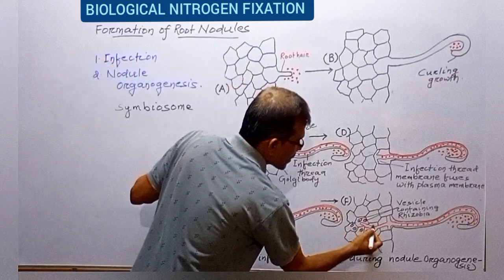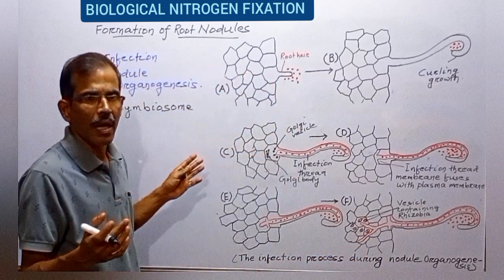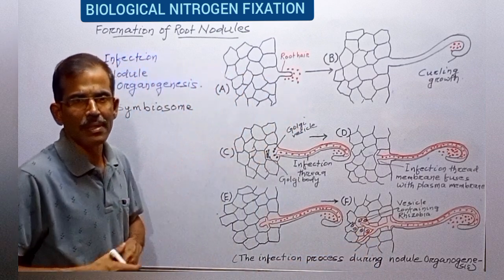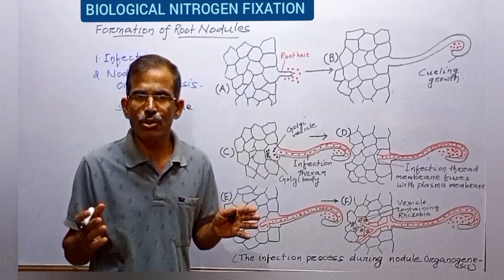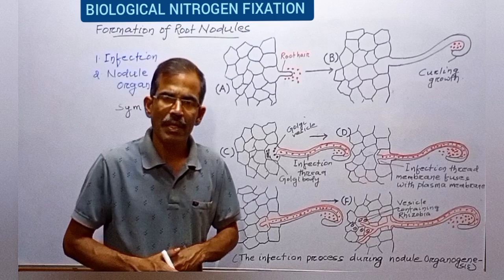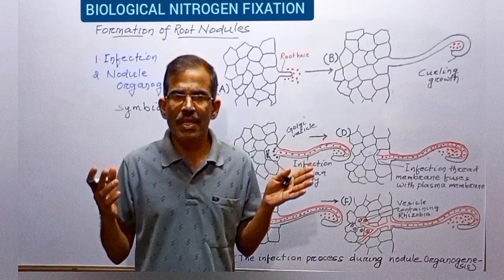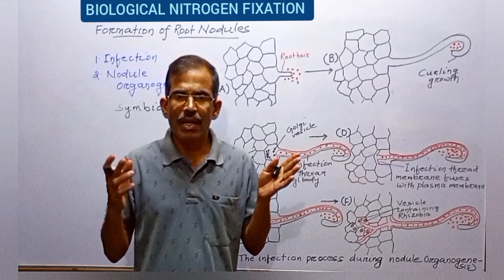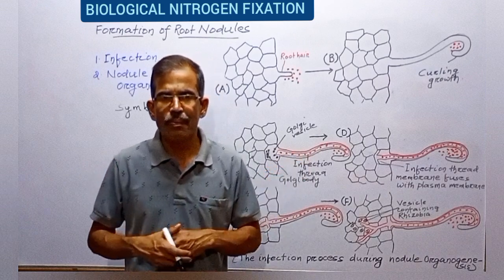Branching of the infection thread within the nodule enables bacteria to infect many cells. At first, bacteria within the symbiosome continue to divide and the symbiosome membrane increases in surface area to accommodate the growth by fusion with smaller vesicles.